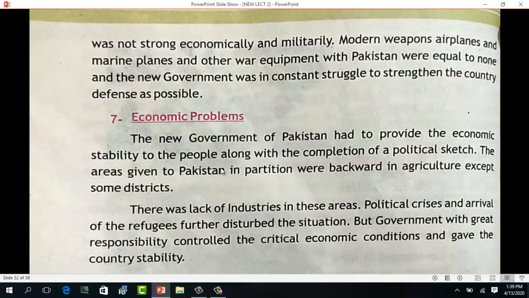The areas given to India in partition were industrial areas. There was a lack of industries in Pakistan's areas. Only 34 industries came as Pakistan's share in the total of 921 industries. That's why the economic position became worse.